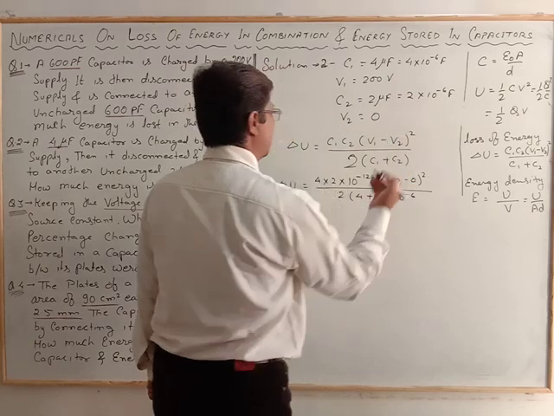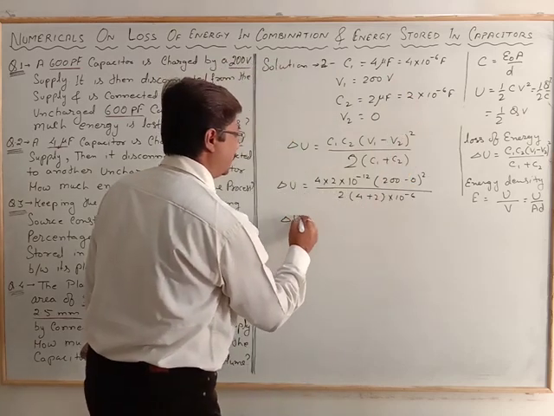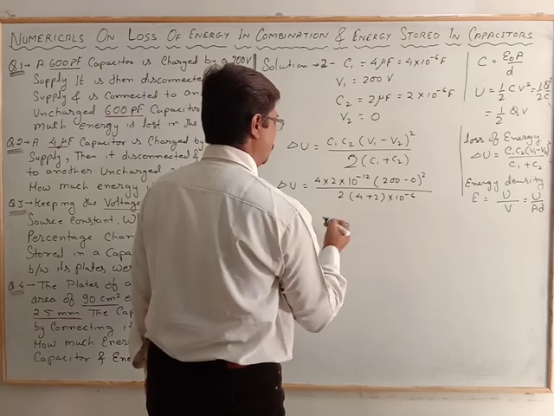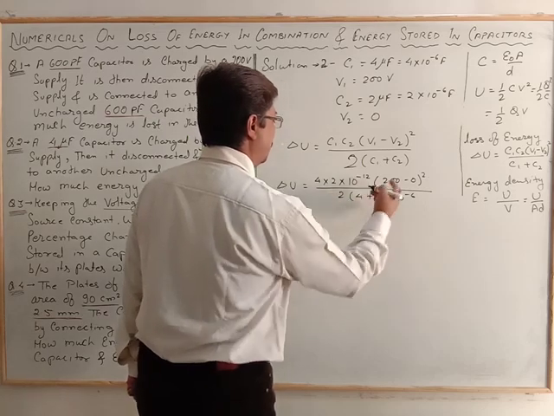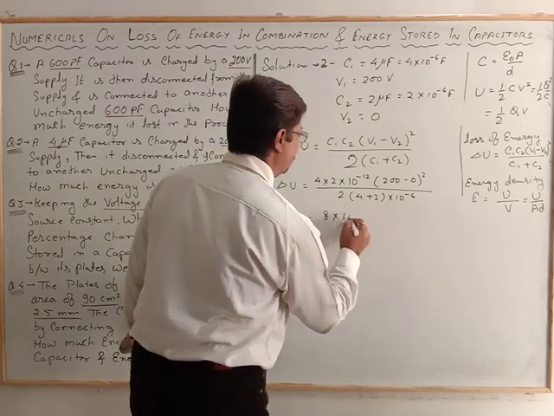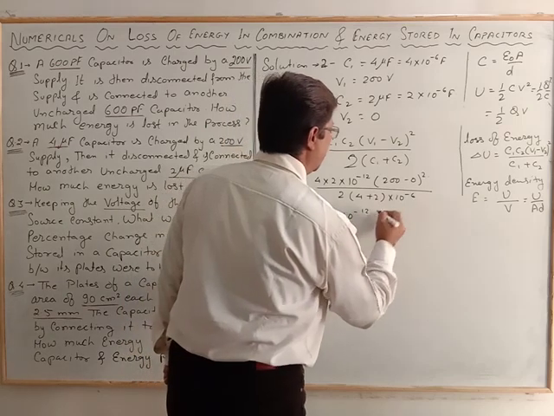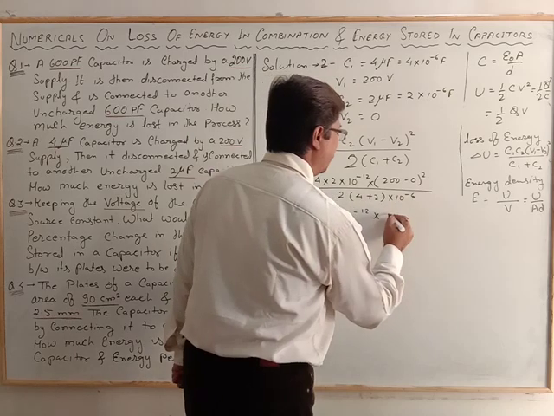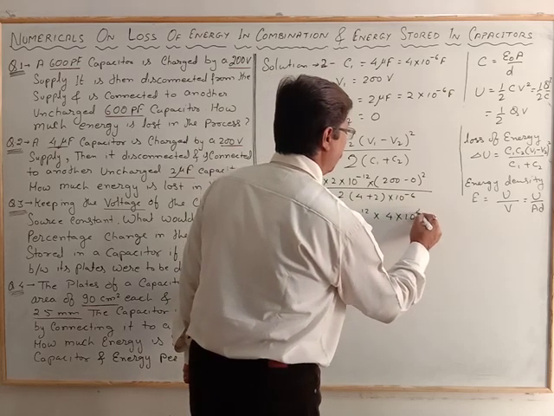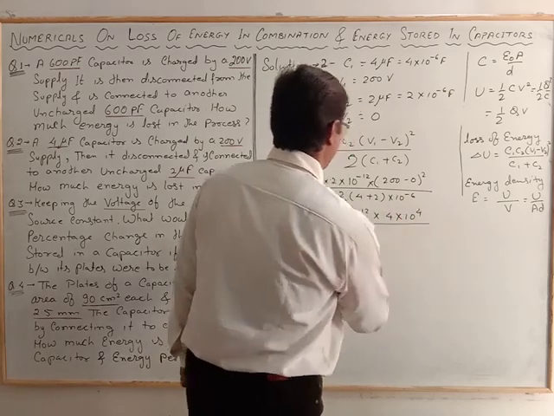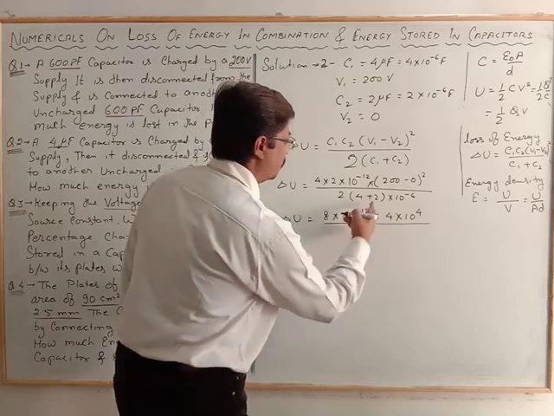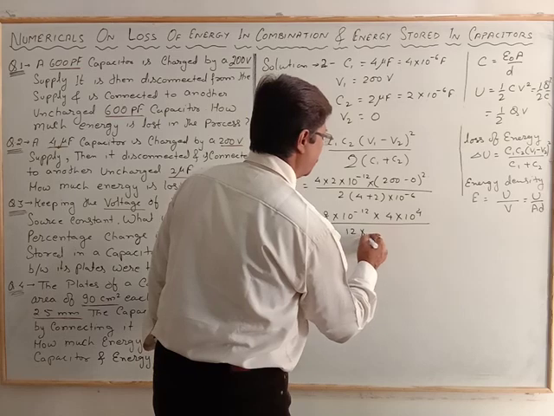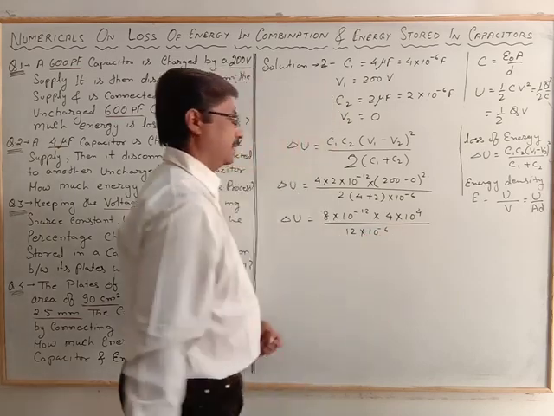So minus 6 is common, so the loss of energy delta U is equal to, we will write here, 4 into 2 gives 8, so 8 into 10 to the power minus 12 into 200 squared, that becomes 4 into 10 to the power 4, divided by 2 into 6, that becomes 12 into 10 to the power minus 6.